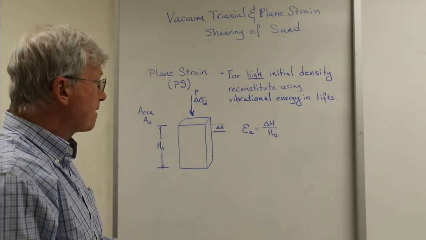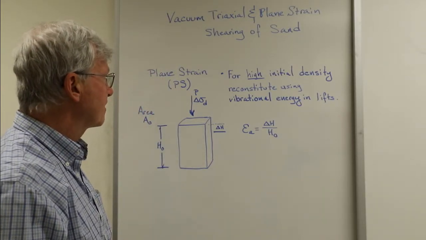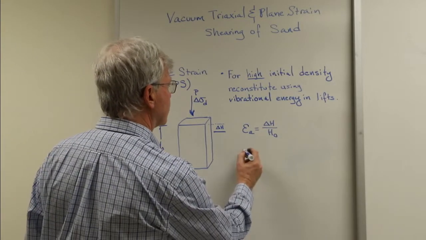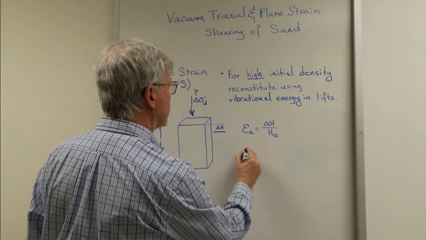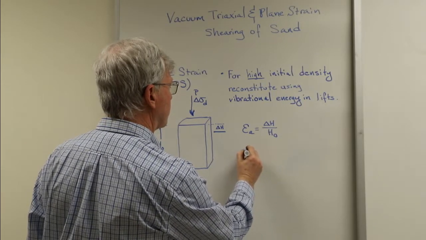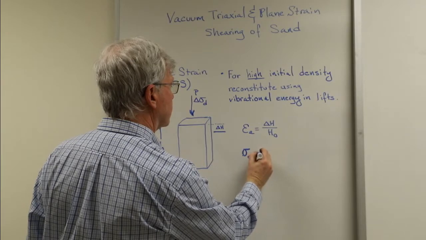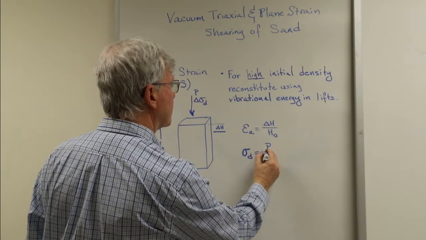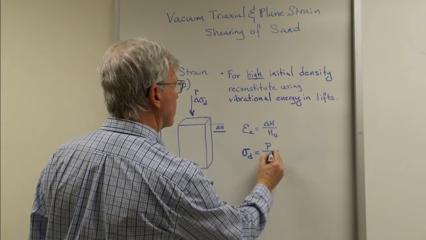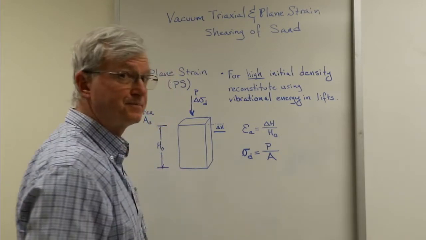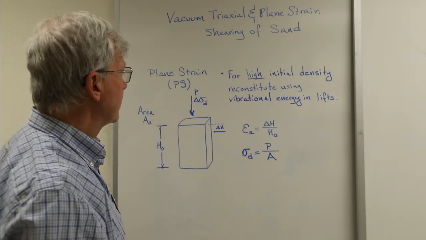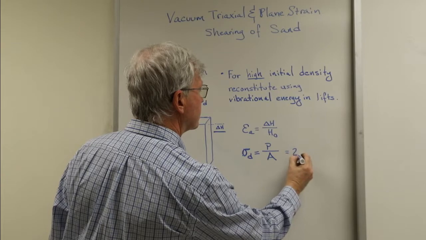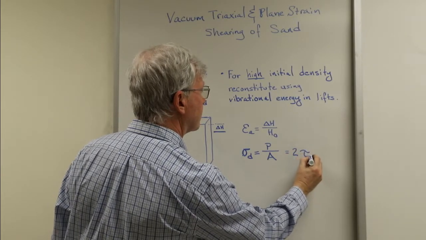So that's the strain we're going to plot. The deviator stress, of course, let's just call it sigma d, is going to be equal to that load that we measure over the cross-sectional area. And that's going to be equal to 2 times the shear stress tau, right?